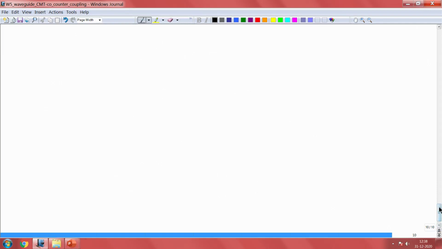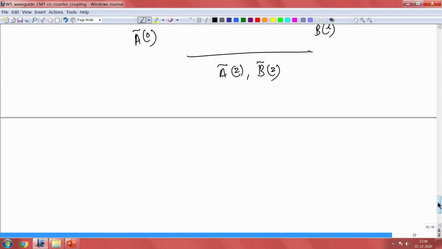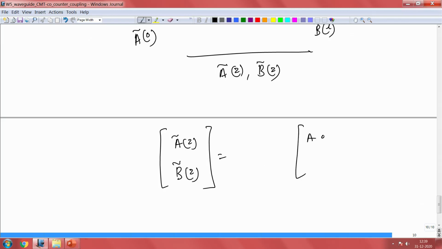Let us look at our coupling matrix now. The general coupling that we saw is rather the same, but the only thing is we talked about forward coupling, A 0 here and B of L here.